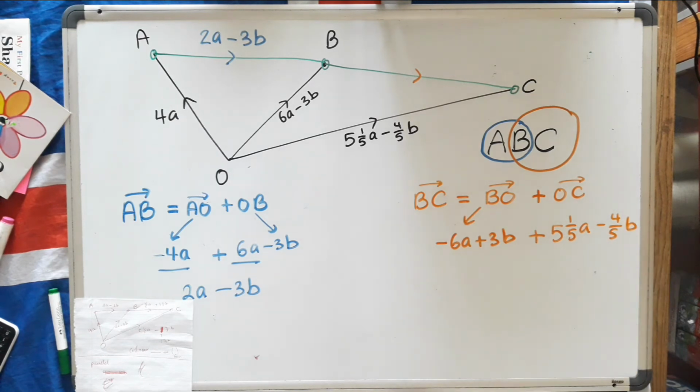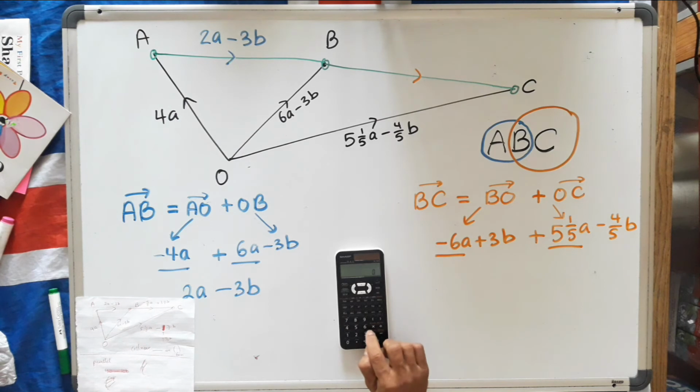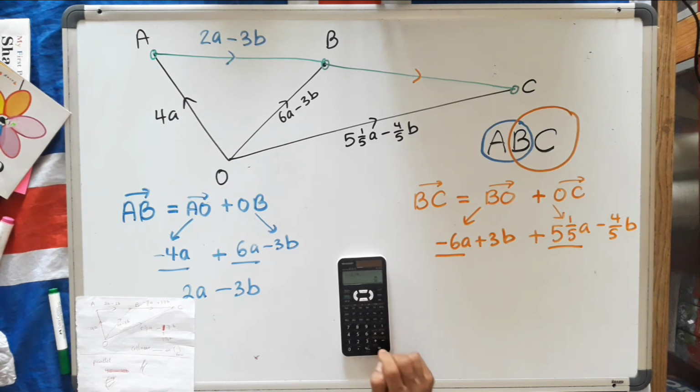I put fractions in these questions on purpose to make it harder than it needs to be, just in case you get a really hard question in the exam. So let's add up all the A's and all the B's. Minus 6A plus 5 1/5 A. You can do that on your calculator using the fractions button. Minus 6 plus 5 1/5.